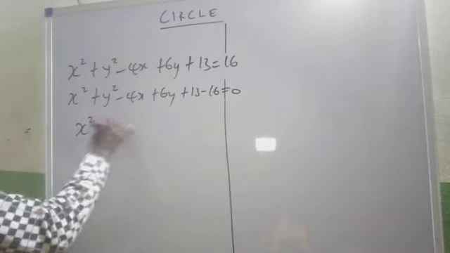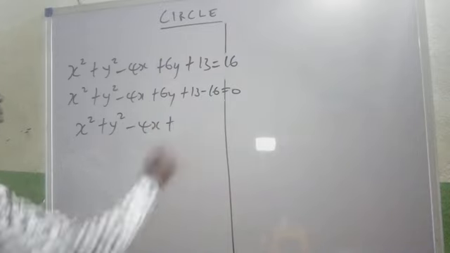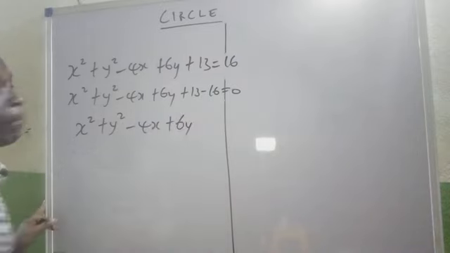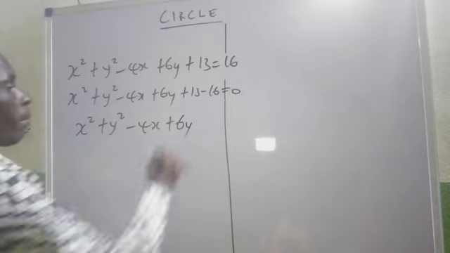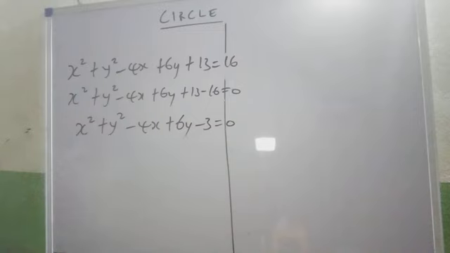So you have s squared plus y squared minus 4s plus 6y minus 3 is equal to 0. So this is the equation of what? Of the circle. This is the equation of the circle.